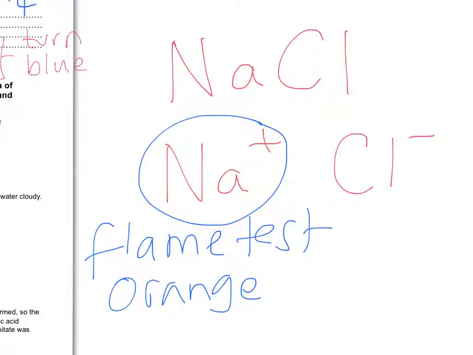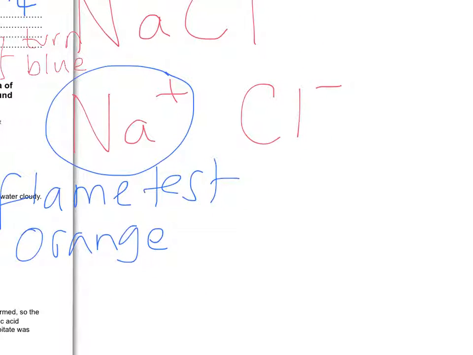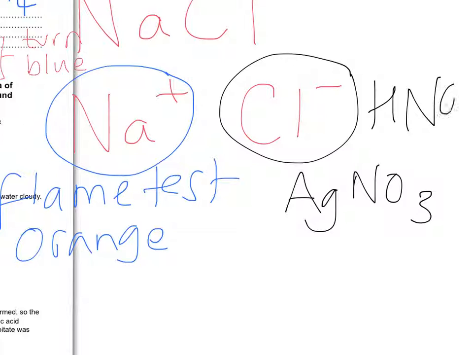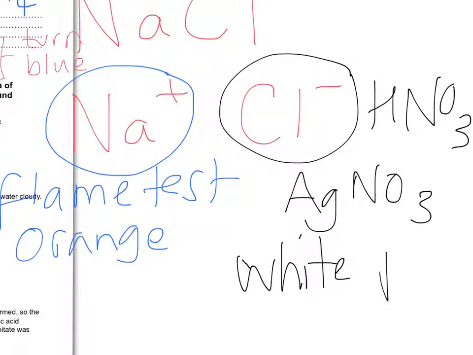Then to find out whether we had the chloride ion, we'd add silver nitrate with a bit of nitric acid first, and we'd expect to see a white precipitate.